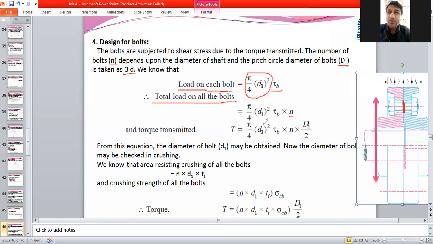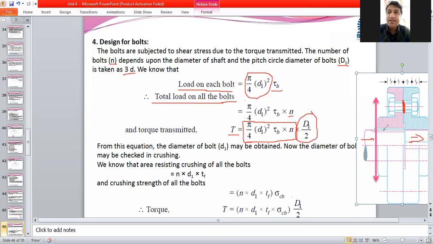Now this total load has to be sustained to transmit the torque which we want to transmit through this shaft to the other shaft, right? So when we calculate the torque, it is nothing but force multiplied by radius. The total force which the n number of bolts are going to transmit, multiplied by the radius, will be the torque which will be transmitted.